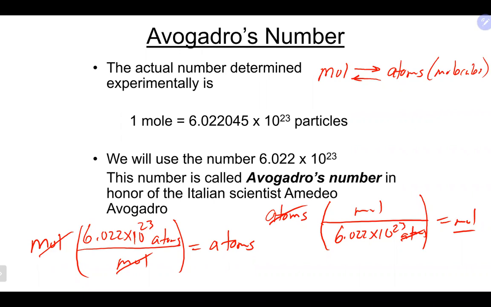Sometimes people want to use Avogadro's number in every single calculation because, well, it's a number and I feel like I should use it. But you shouldn't use it in every single calculation. You should only use it if you have a number that's already in atoms, molecules, or particles, or you're asked to solve for a number that's going to be in atoms, molecules, or particles.